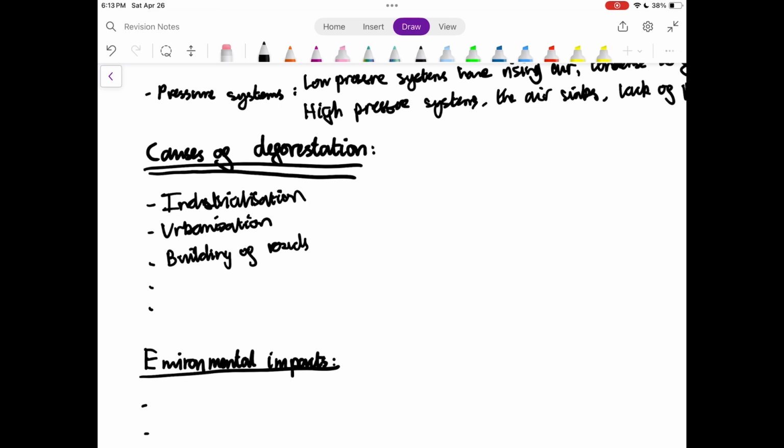And again, land needs to be cleared to build the road so that it can connect different parts of the area. Next is hydroelectric power. And this is because land needs to be cleared in order to build dams, which are needed to generate hydroelectricity. So therefore, this will lead to more deforestation.